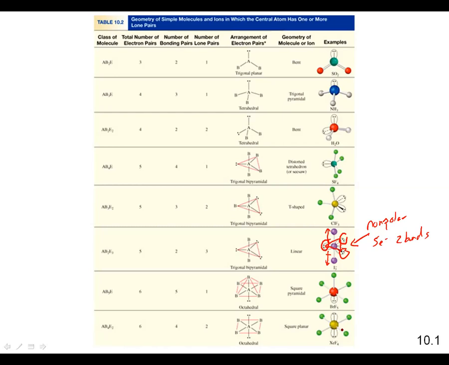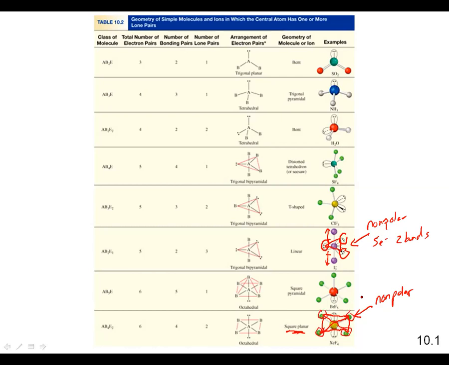The other exception where you can get dots on the central atom and the molecule still be nonpolar is this geometry right here. That's the square planar geometry. Because these guys, if they are all the same, basically make a square, they're going to cancel each other out as they're pulling in equal and opposite directions.